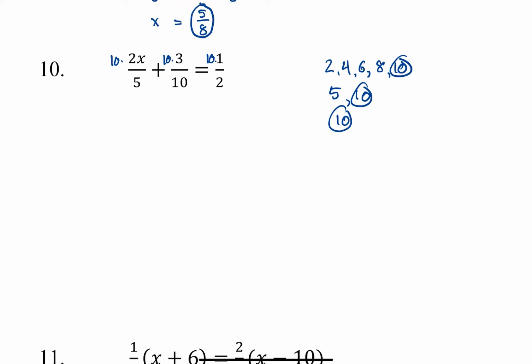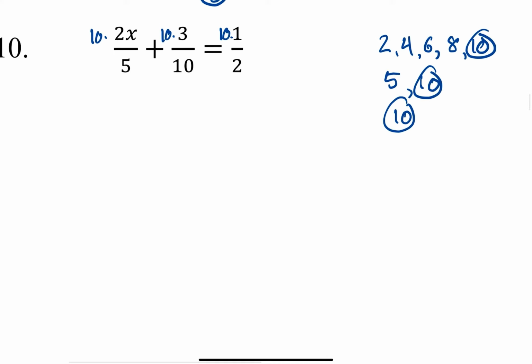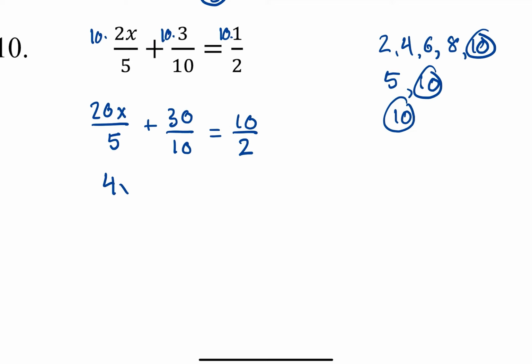So let's see. We end up with 20x divided by 5 plus 30 divided by 10 equal to 10 divided by 2. All right. Now this is going to be 4x plus 3 is equal to 5. Let's subtract 3 from both sides.